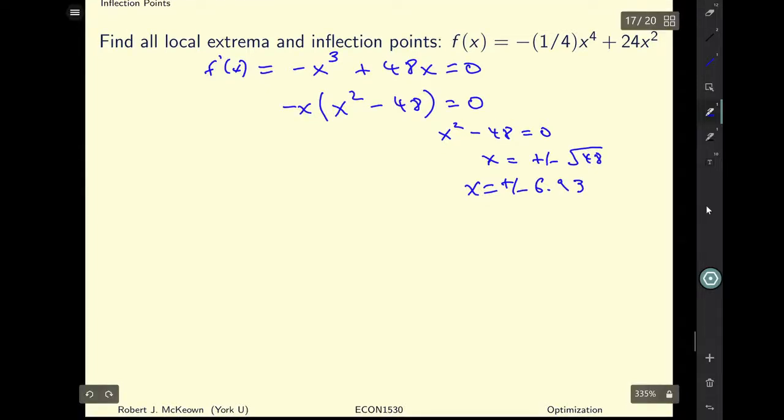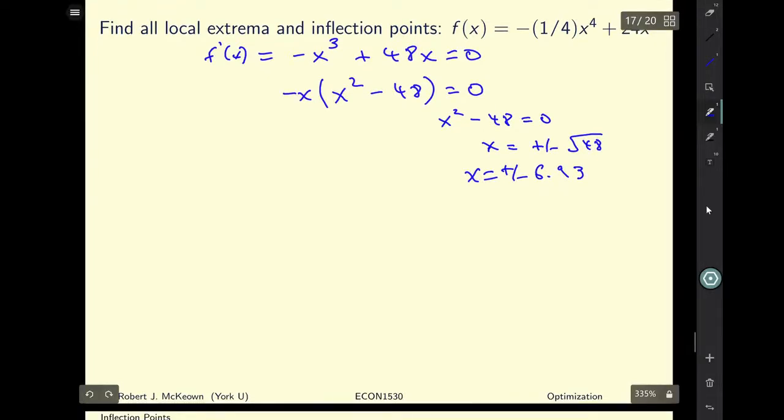Now I'm ready for my sign diagram, and so I'm going to do it like this. I'm going to have a negative 1 on x, and then x squared minus 48. I'm going to separate my x and my negative just to make it a little less confusing for me. Now I've got my real number line here.